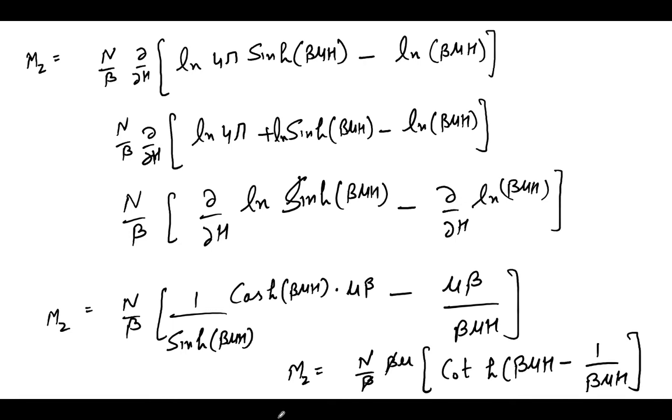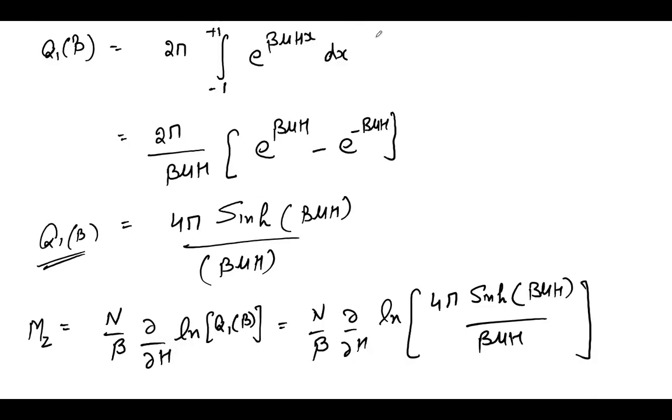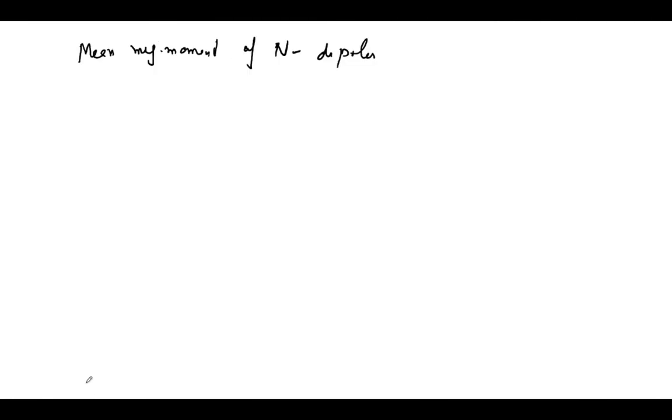So this is what we get for the mean magnetic moment of one dipole, and similarly for the N dipoles we can find the mean magnetic moment of N dipoles, which we have considered, because here we have written the term N into B. So this is our magnetic moment of N identical dipoles in the canonical ensemble.